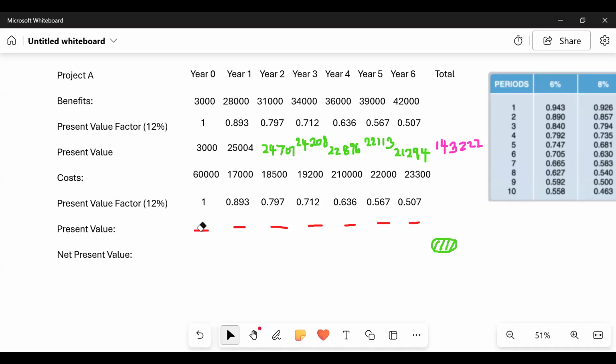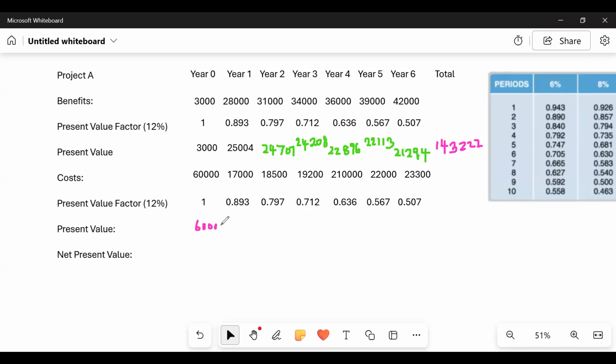If you do the same thing for the cost as well, you can calculate it now. During the current year, the initial year, you are spending 60,000. So if you do it the same way, it will be 60,000.